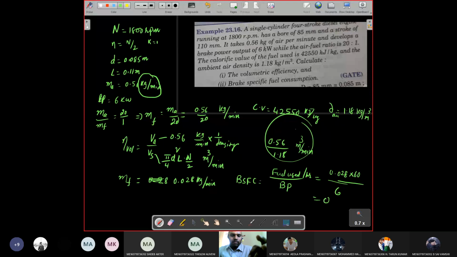Therefore, 10.28 kg per kilowatt hour is the brake specific fuel consumption. This is based on brake power. Based on indicated power, it is indicated specific fuel consumption, ISFC. Here IP will come. Clear this problem? Important problem. Yes, sir. Right. Next problem.